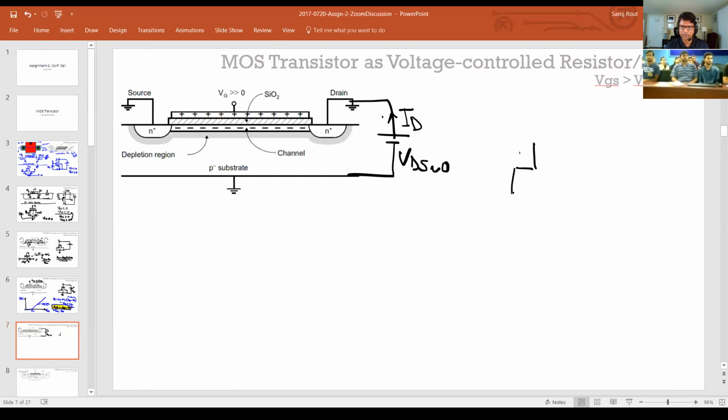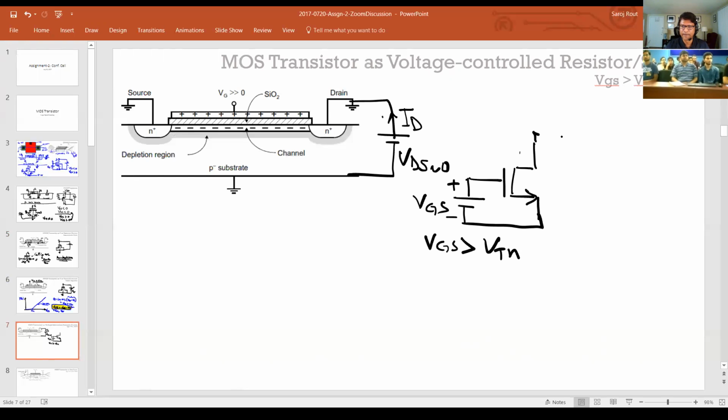So if I just draw it with the symbol like before, I give some VGS. Again, this is VGS positive, and the VGS obviously has to be greater than the VTN. And then I apply a very small drain voltage, VDS, very close to 0, let's say. And I want to see how the current is flowing, right?